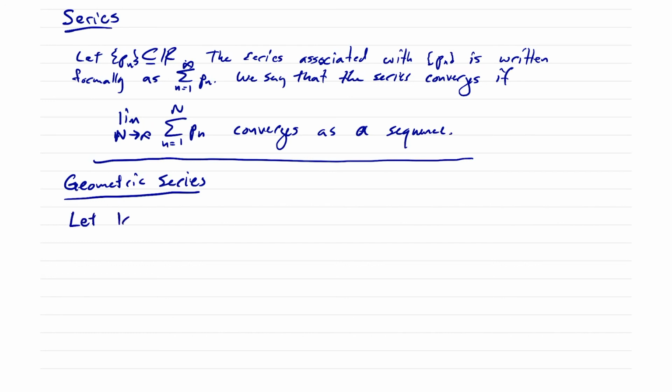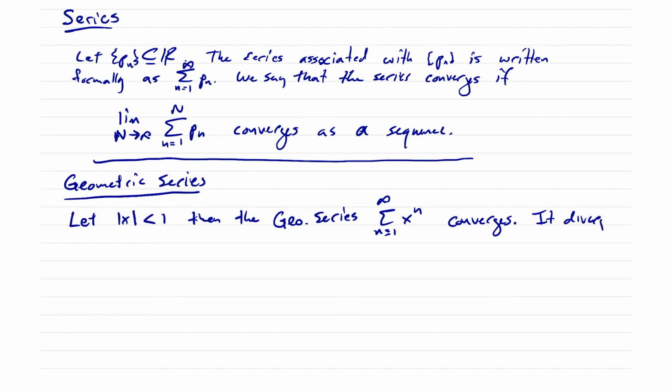Let the absolute value of x be less than 1, then the geometric series sum of x to the n, n equals 1 to infinity, converges. It diverges otherwise. We'll just go ahead and show that it converges. That's pretty easy.